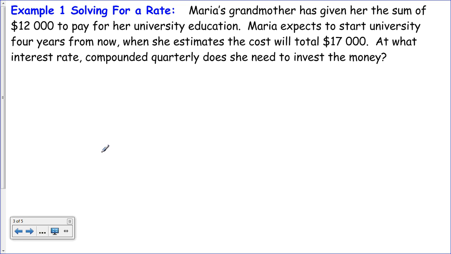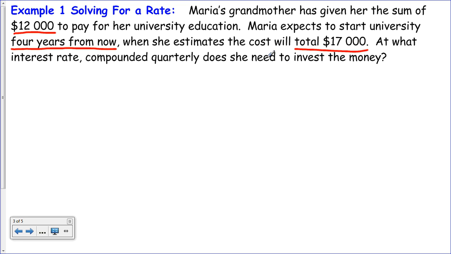Maria's grandmother has given her the sum of $12,000 to pay for her university education. So she has that money in the present. Maria expects to start university 4 years from now. So there's our time frame, and she estimates the cost will total $17,000. That's the accumulated amount, how much she will need 4 years from the present time.